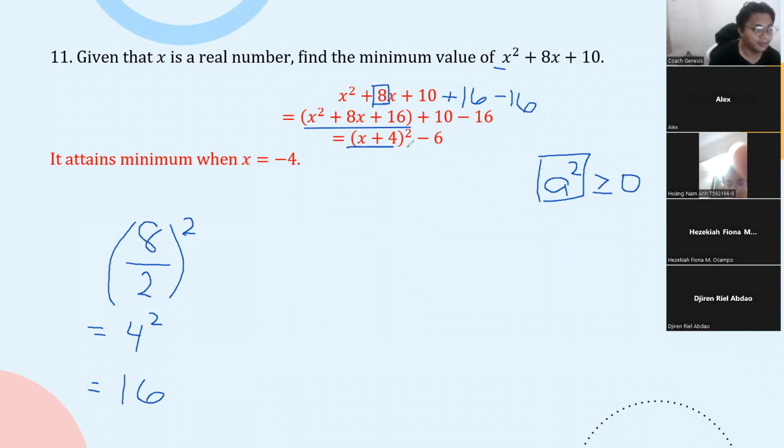So that means that we must have this perfect square as 0. That is why it will attain minimum when x is equal to -4. That becomes 0 squared minus 6, which is equal to -6. Hence, the minimum value for this given expression is -6. So that is number 11.